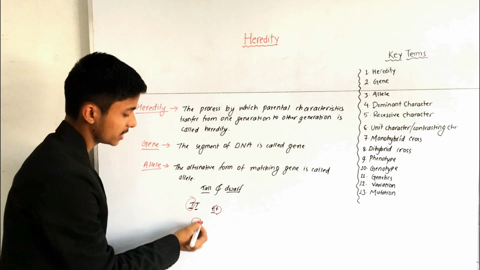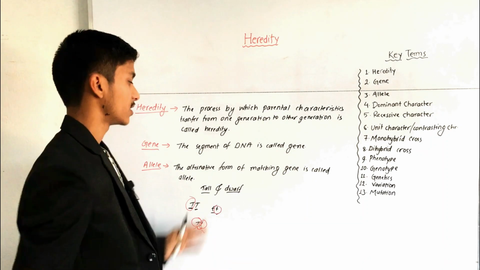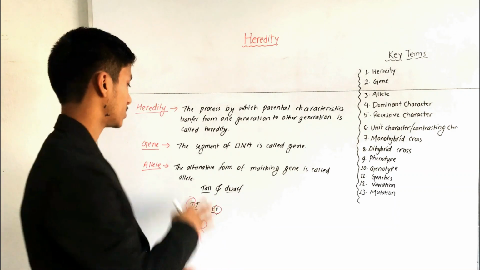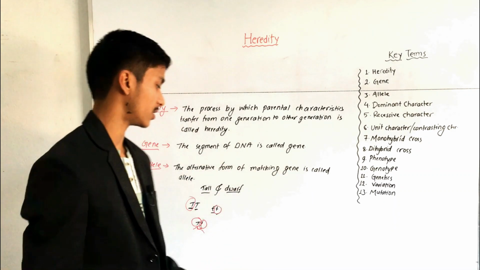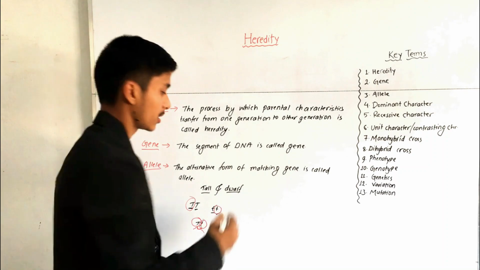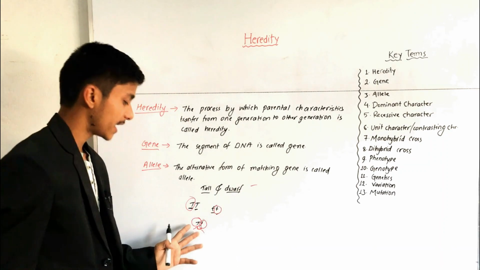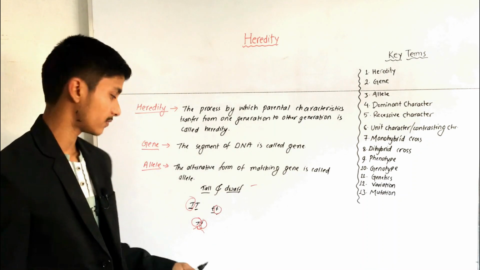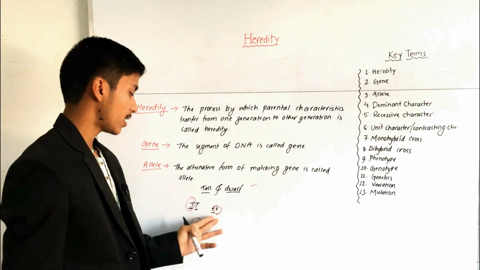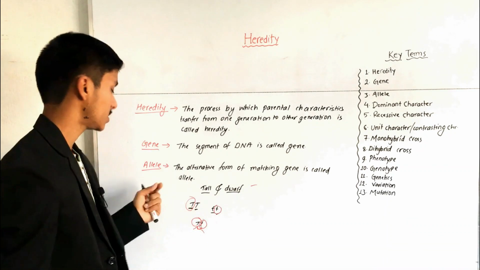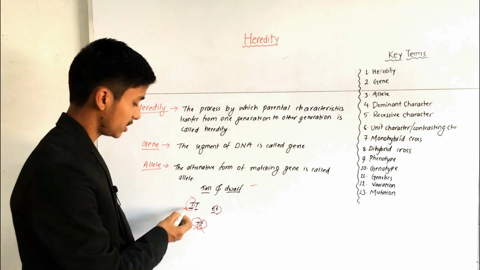This single one is called an allele. Examples: capital T, small t; pure tall, pure dwarf, hybrid tall. This is an example of alleles, but each one is single.